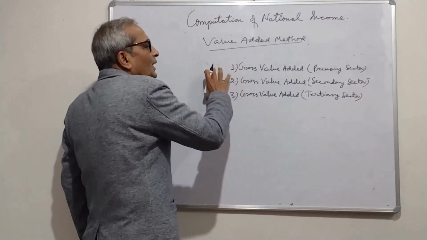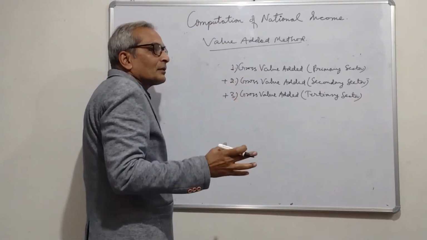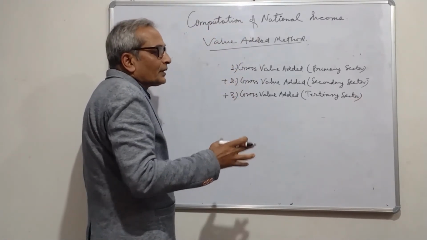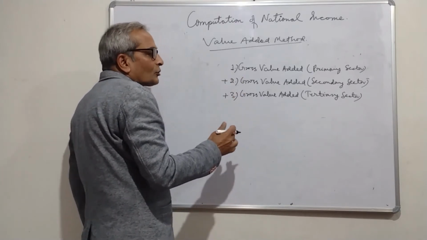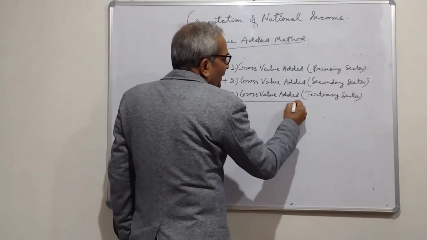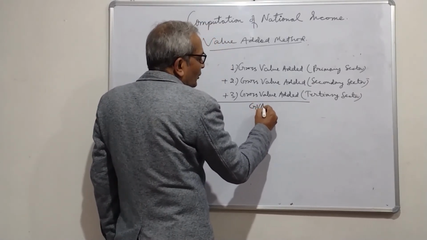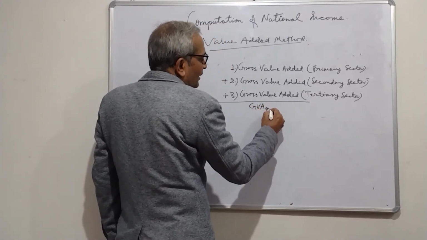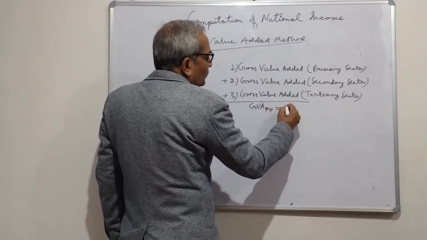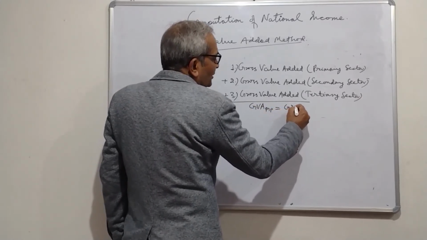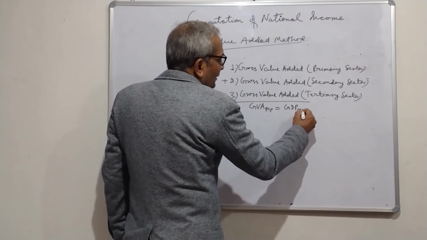So these three items give us the amount of value addition in all three sectors of the economy. When we add them up, we get GVA, gross value added at market price, which is equal to gross domestic product at market price.